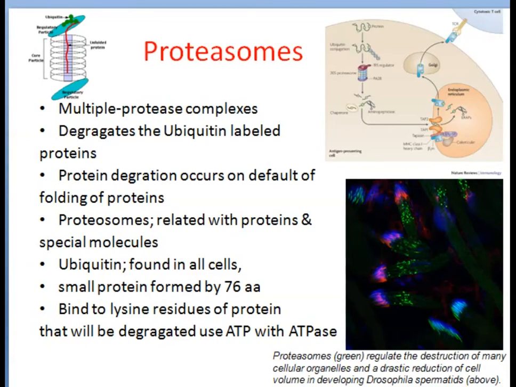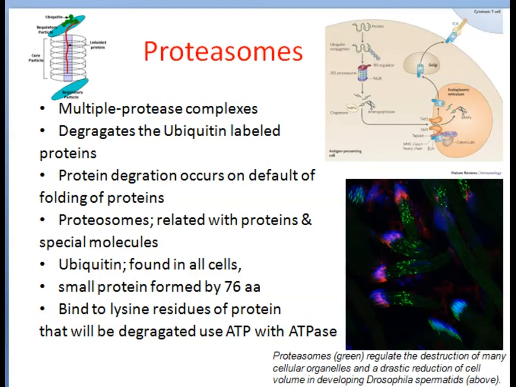So proteasomes provide quality control of the cell, and the proteins that need to be degraded will enter the proteasome. The proteasome has a barrel shape. Here are the regulatory particles, and this is a central barrel which includes 2 alpha and 2 beta subunits.